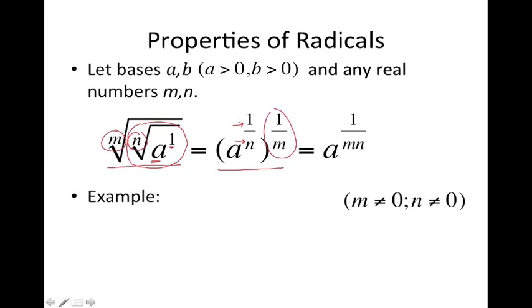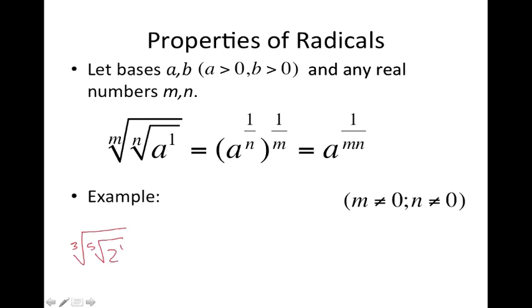So let's try an example. Third root of the fifth root of 2 to the first, or just plain old 2. So that's like saying 2 to the 1/5, because that's this inner radical. That's right here. But then because I have another radical, I'm going to again raise it to the 1/3, because saying a base, that's a square base.